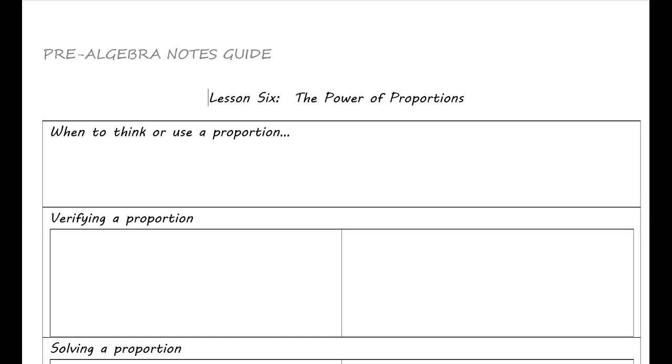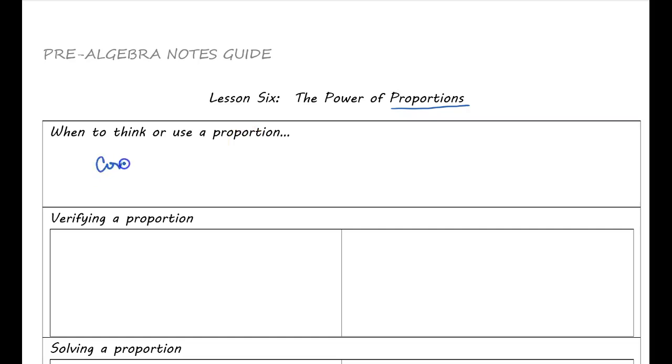And that would be something called a proportion, okay? You may have heard the word proportion before. A proportion, if you want to know what a proportion is, is when you compare two things. And that's what we're going to write right here. When should we think about using a proportion?